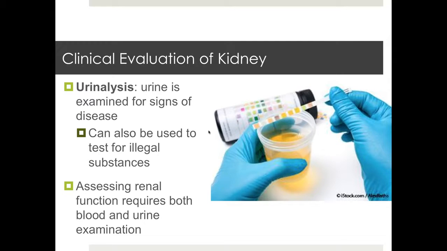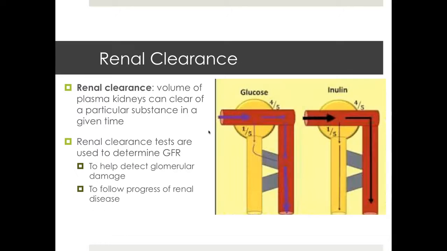In order to assess renal function, though, we need both blood and urine for that examination. So we could do something like a renal clearance, which measures the volume of plasma the kidneys can clear of a particular substance in a given time. So really, this is the ability of our kidneys to remove molecules from our blood plasma and put them into our urine.